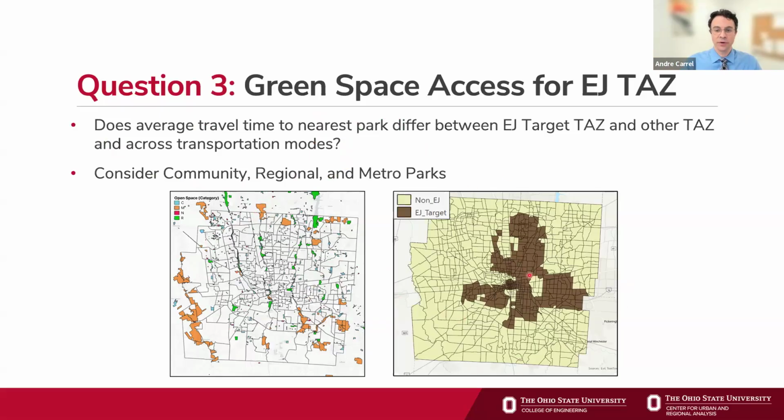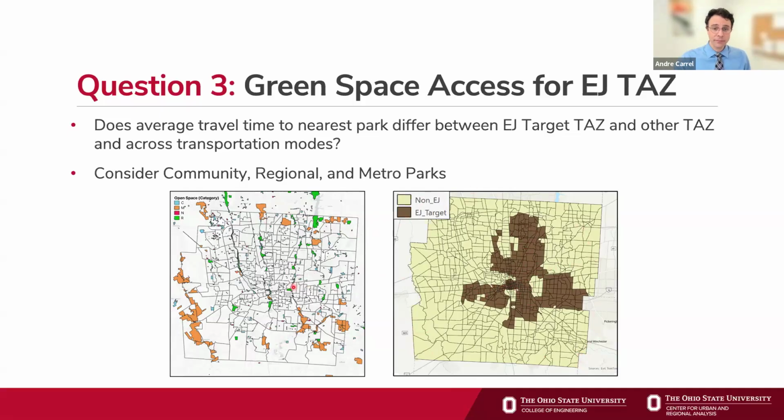Just as a reminder here on the right, we can see the distribution of the EJ target TAZs. And one thing that was interesting to us in this analysis was, as you can see, the EJ target TAZs tend to be more concentrated in somewhat more densely populated areas, whereas the larger parks do tend to be on the periphery of the urban area.